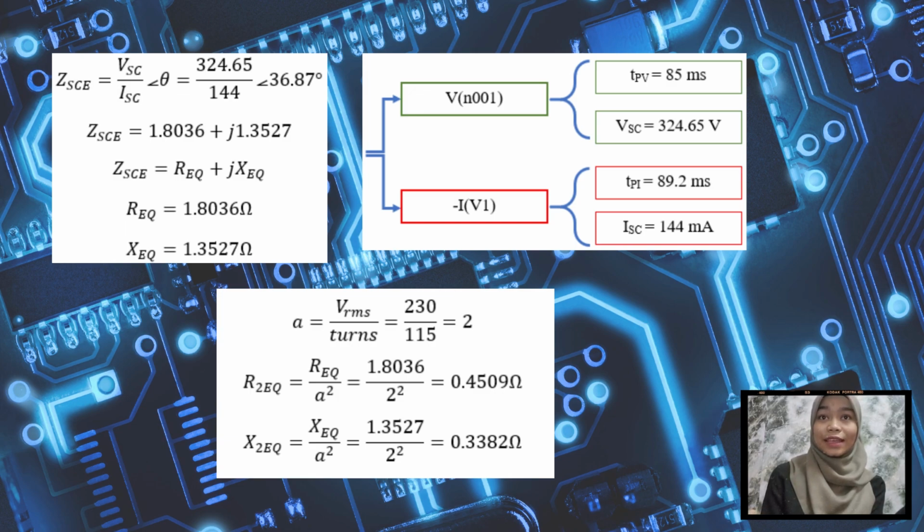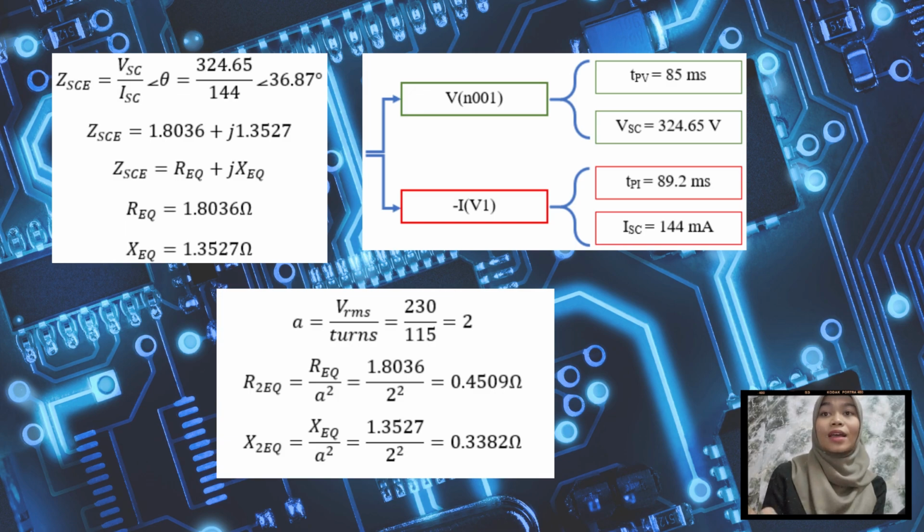From that, we get ZSCE equal to 1.8036 plus j 1.3527, so R equivalent equals 1.8036 ohm and X equivalent equals 1.3527 ohm.